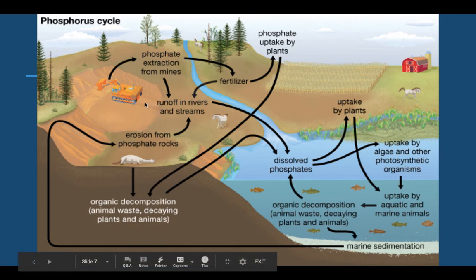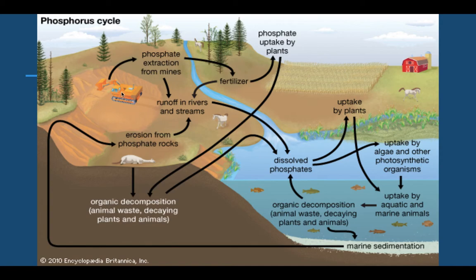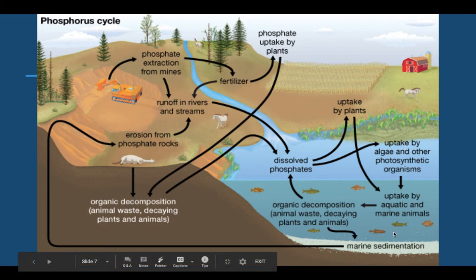The key component here is the extraction of phosphorus by humans, and that is used in fertilizer that runs off into rivers and streams, ending up in large bodies of water and disrupting those marine ecosystems. You also see the marine sedimentation, so this phosphorus layer that tends to be at the bottom, that's what gets pushed back up to eventually create these mountain ranges that you see.